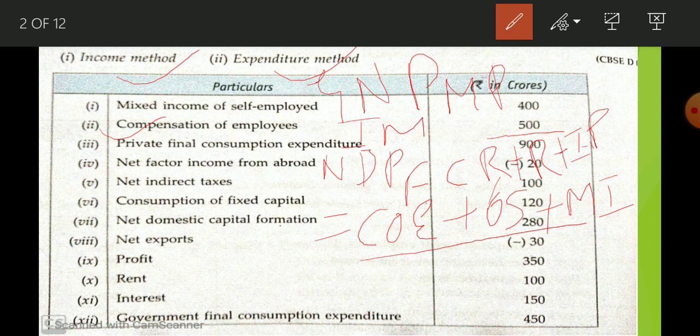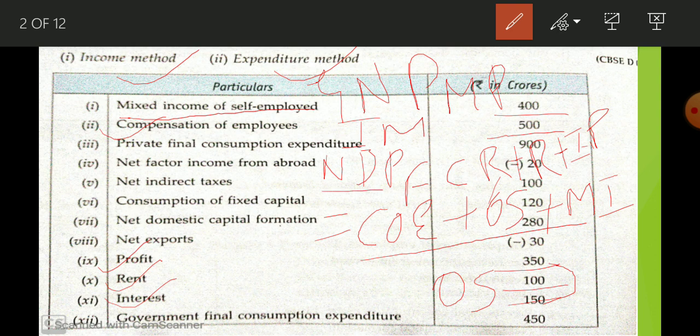So here you can see the value of profit is given 350, the rent is given 100 and interest is given 150. So when we add all these three, we get the value of operating surplus, okay? Now the value of mixed income is given, it is 400. When you add all these, you are going to get NDPFC.